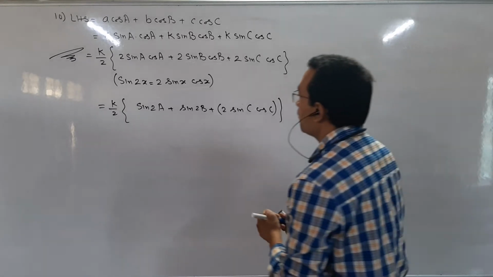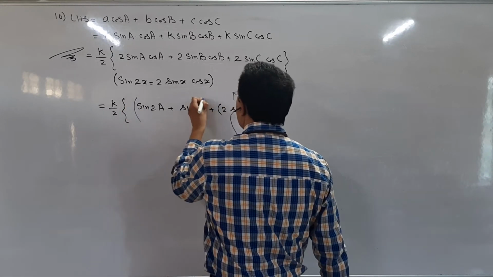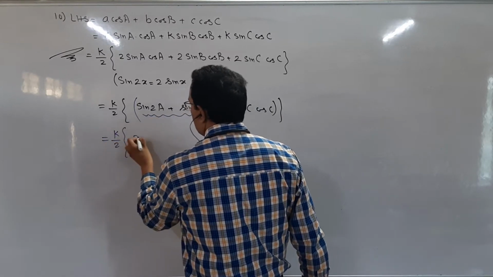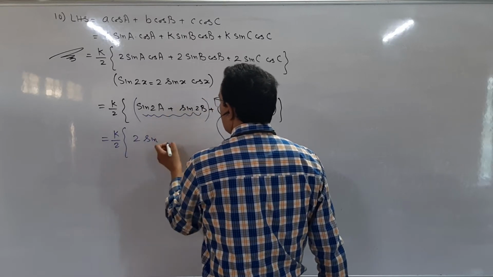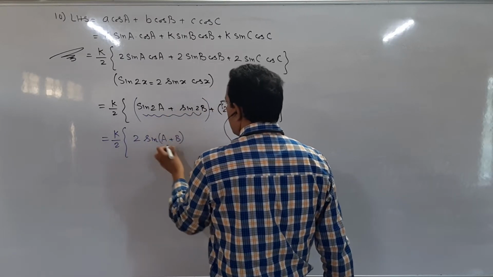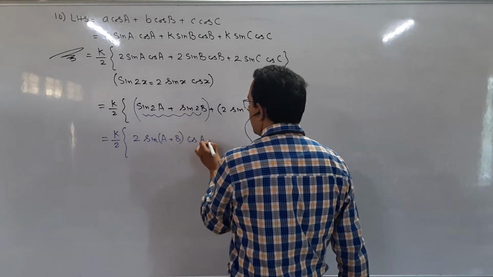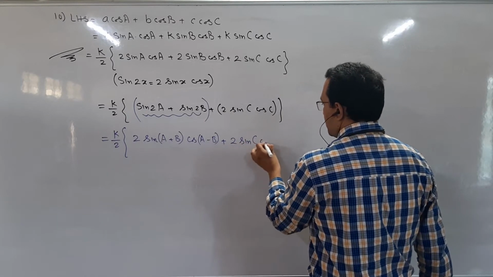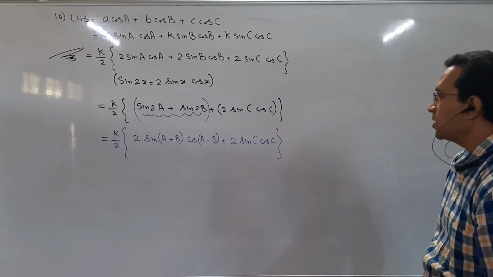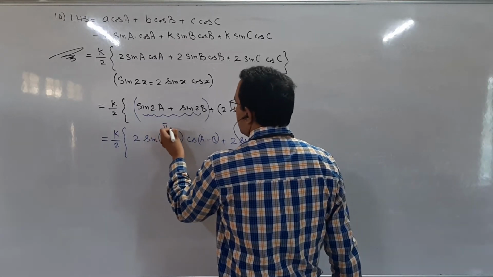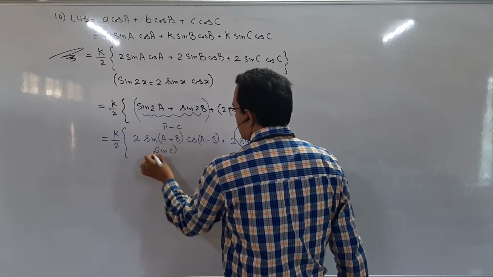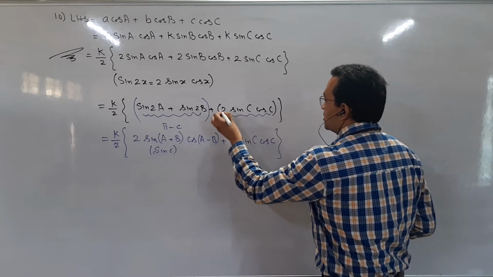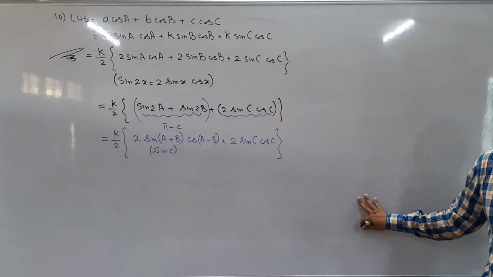Now students, for these two terms, I am taking s plus s. What is s plus s? 2sc. (2A plus 2B) by 2, so sin (A plus B), and (2A minus 2B) by 2, so cos (A minus B), plus twice sin C cos C. Now A plus B is written as pi minus C, so this will change to sin C. That is why I kept these terms as they are.